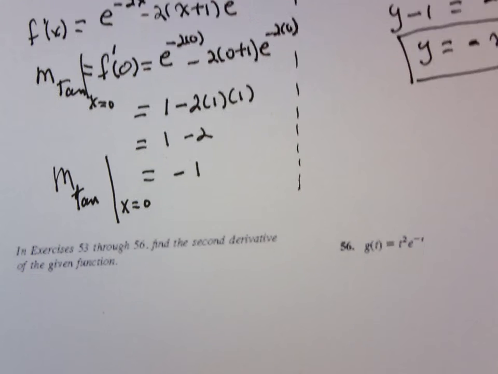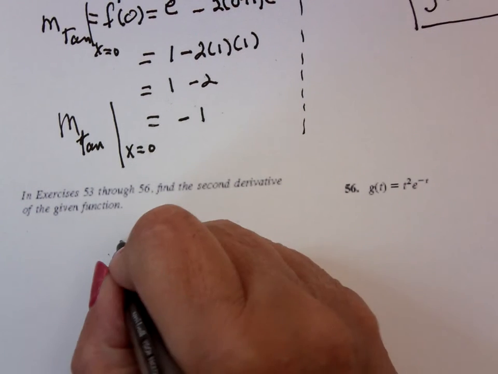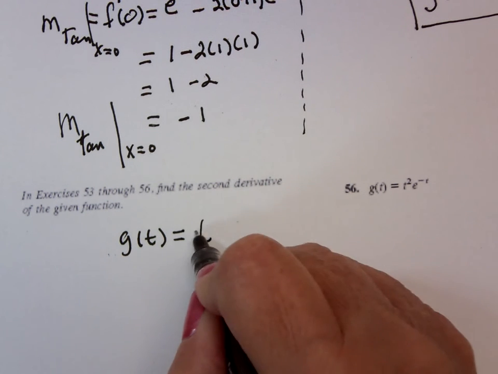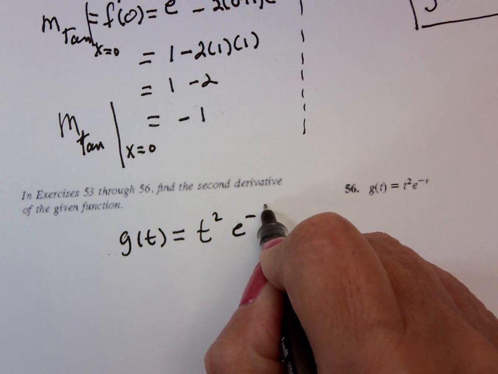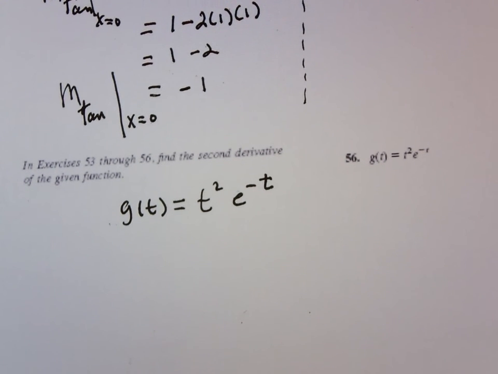And then it gets worse. Okay, find the second derivative. So g of t equals t squared e to the minus t. And of course, we know this is what? Product rule.